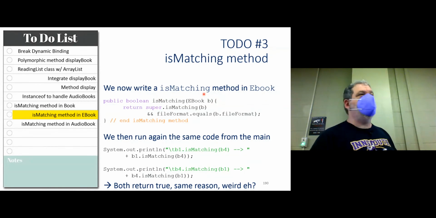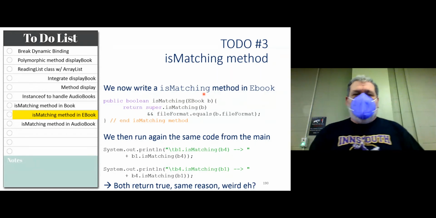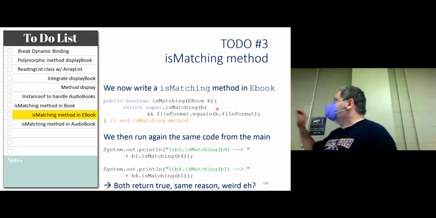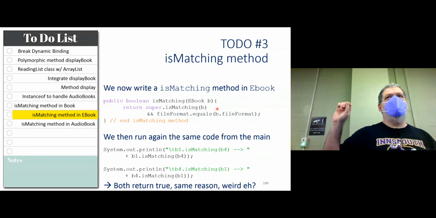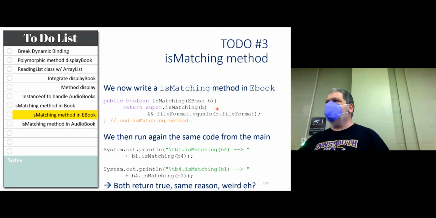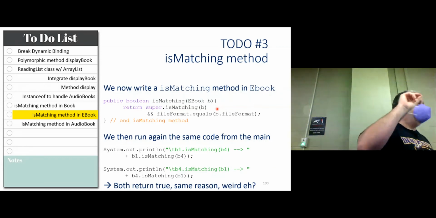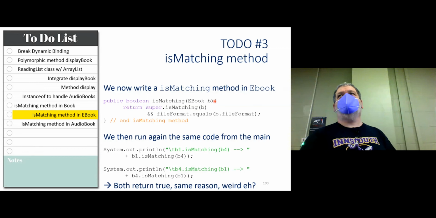And it's going to take an ebook B as parameter. And then I'm going to return what? The call to the superclass version of isMatching. So right now I'm overloading, right? This is a version of isMatching that's taking an ebook. What I'm doing is calling the superclass version that takes a book, but I'm passing B, which is an ebook. Is that okay? Yes.